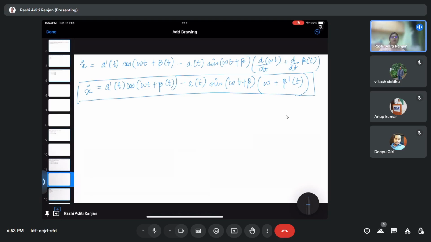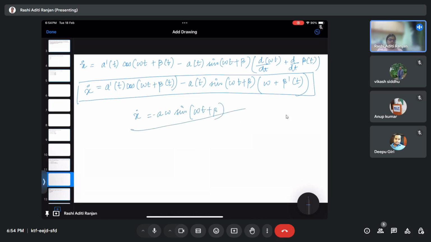However, if you remember, we use the method known as the Krylov-Bogoliubov method, wherein we again consider that x is of the same form a cos omega t plus beta, and there also a and beta are slowly varying functions of time. However, in that method we do not consider x dot as this equation. We actually consider x dot as minus a omega sine of omega t plus beta.